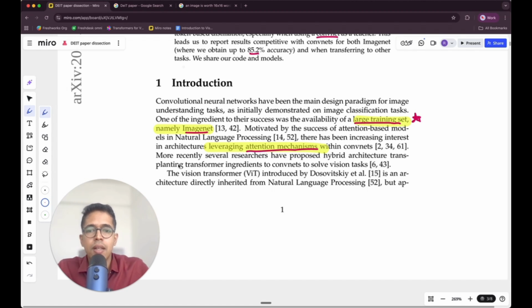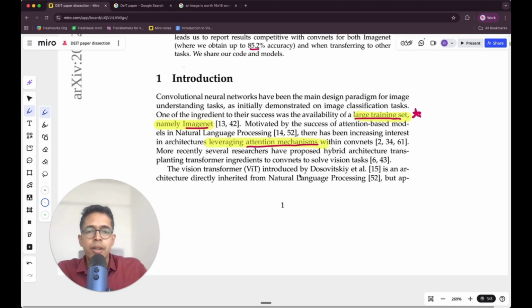That's what it means. More recently, several researchers have proposed hybrid architectures transplanting transformer ingredients into convnets to solve vision tasks. So people use hybrids where transformer ingredients were brought into CNNs.